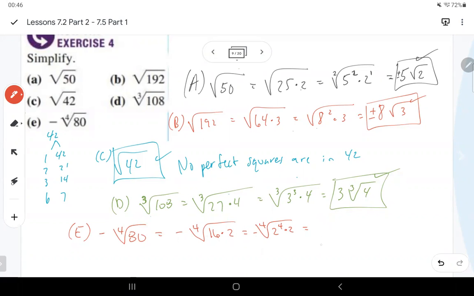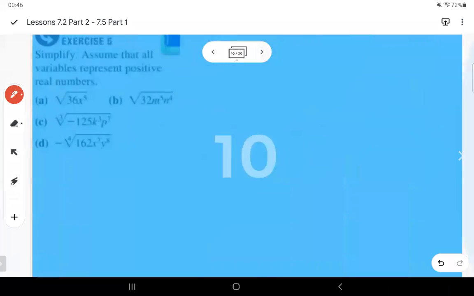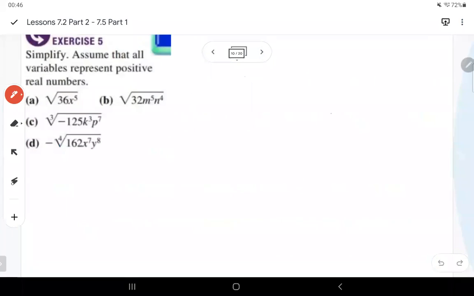So then, oh, nope, I lied. It's not times 2, it's times 5. So it's not a perfect fifth root. That would be 32. So we're going to pull out a 2, fourth root of 5. All right. Good with that one. Getting pretty close to done on here.